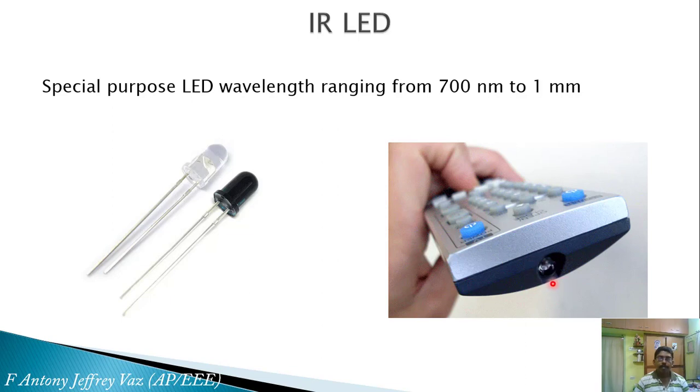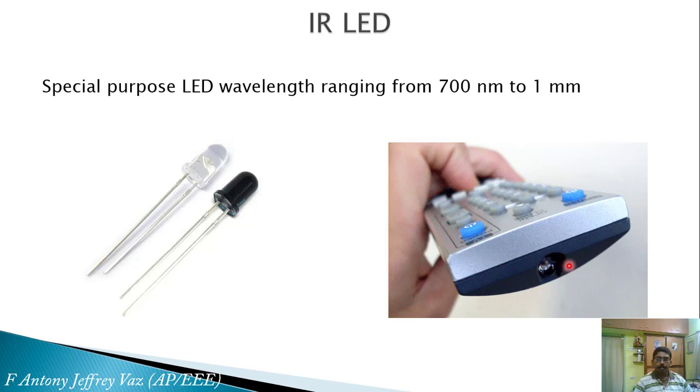Take your TV remote control and press any button and look at the IR LED in the remote control. You cannot see the LED glowing. If you press any button and look with your naked eye, you cannot see this LED glowing. Then how can you see this LED glowing?